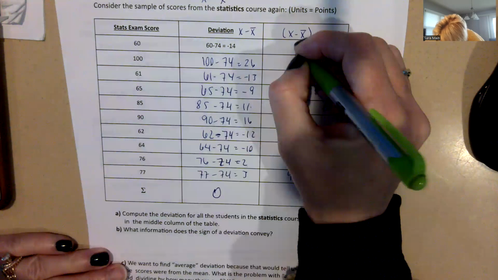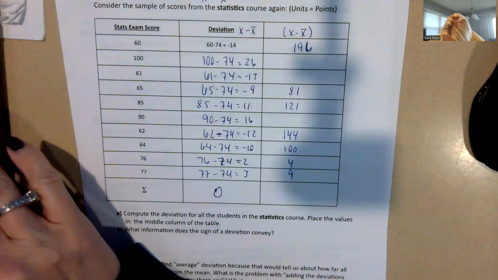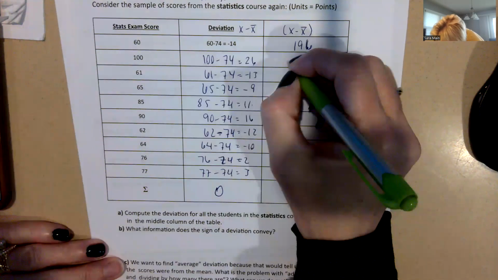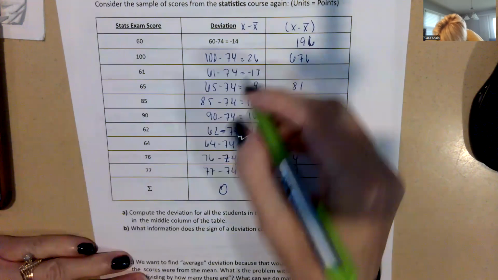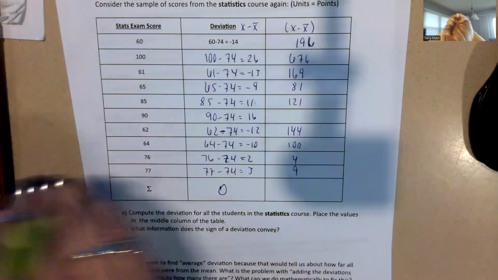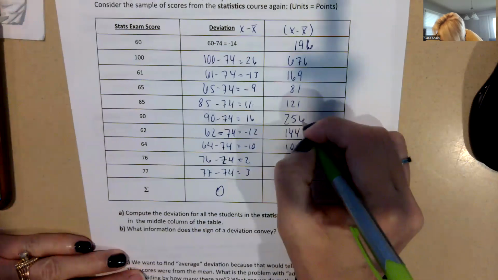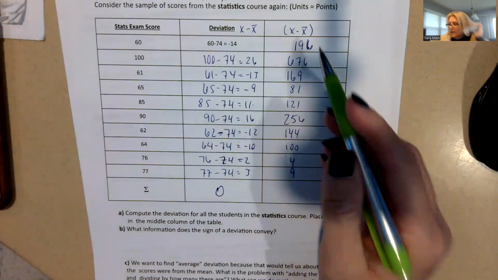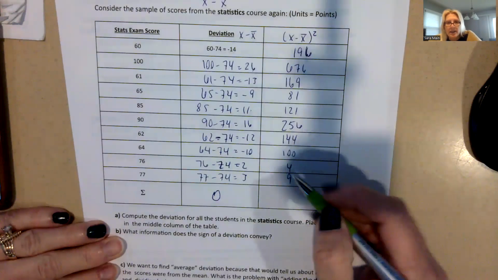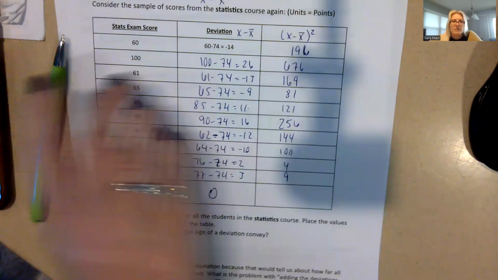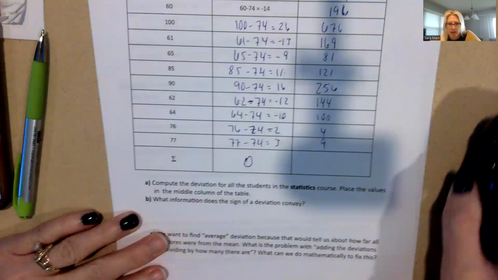That's 196. That's 676. That's 169. That's 256. So if we were to square these deviations, which we did, and add them together, then we could average them.